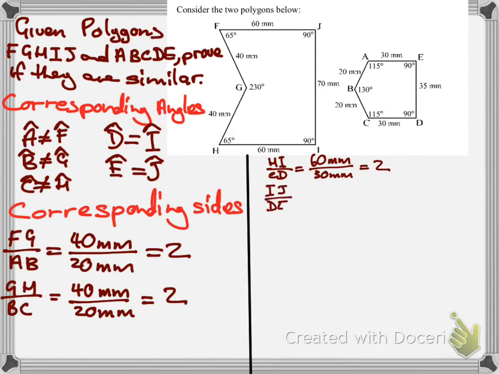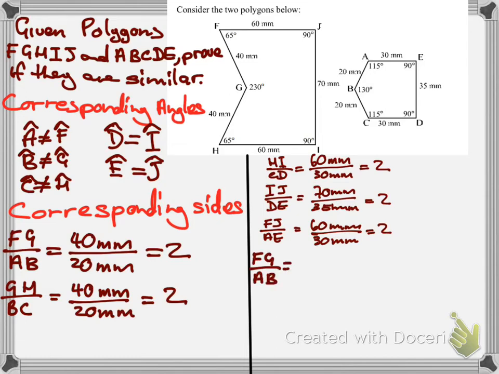IJ all over DE reduces to 2 again. And then FJ all over AE also reduces to 2. So you can see that in terms of proportionality, all the sides are proportional, but the corresponding angles are not equal. So one of the conditions is not satisfied. So they are not similar.